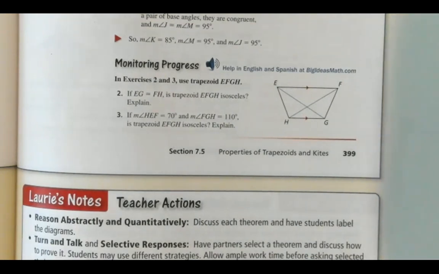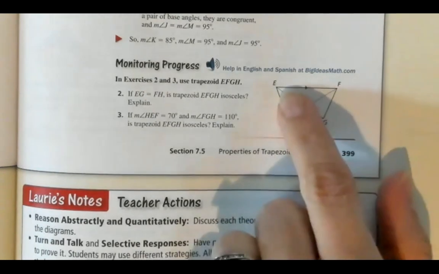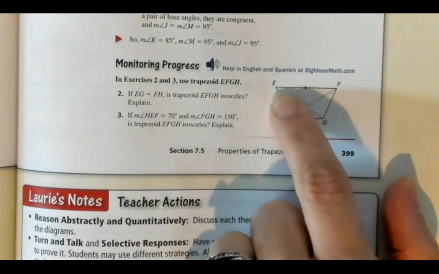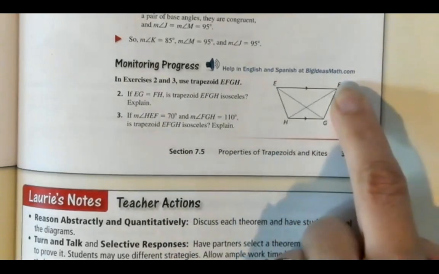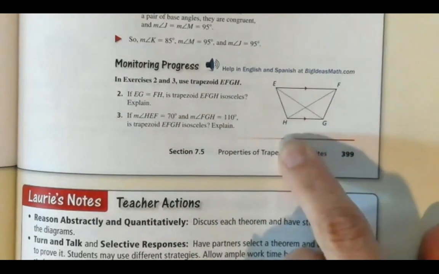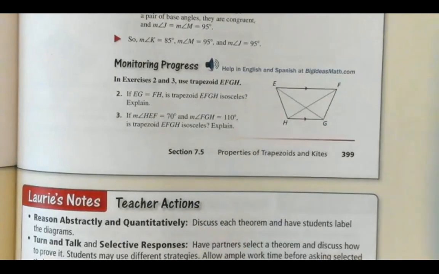If the measure of HEF, this top base angle, is 70, and the measure of FGH is 110, is the trapezoid isosceles? How would you solve that? We don't know that it's isosceles, but how could you solve it?